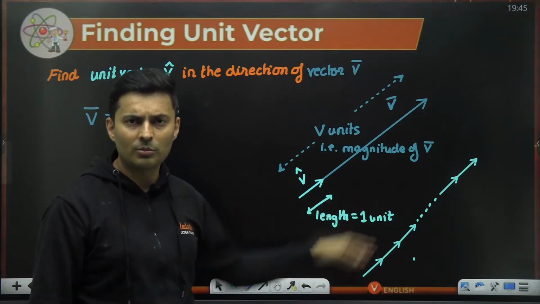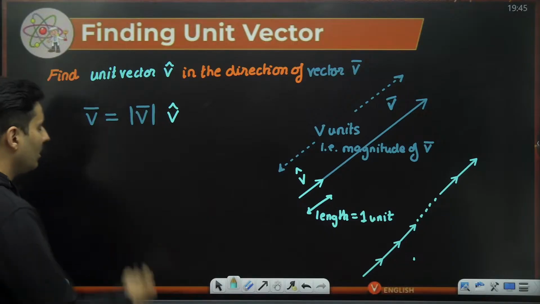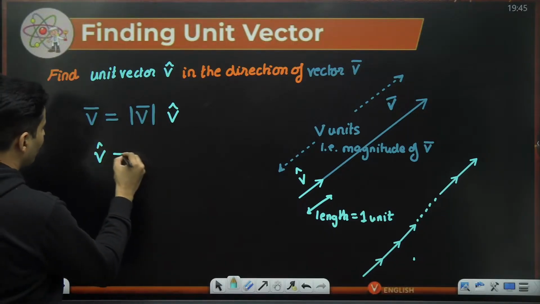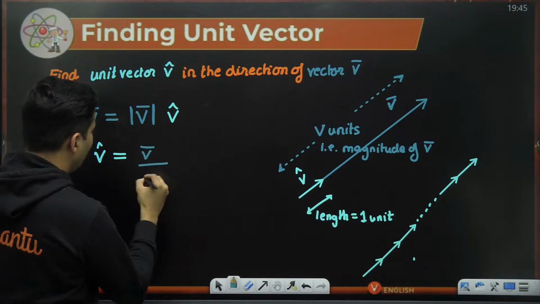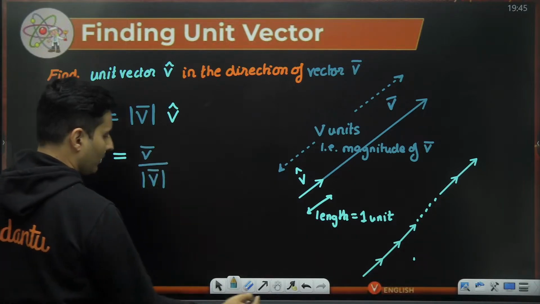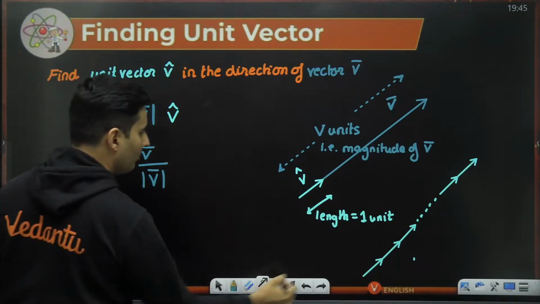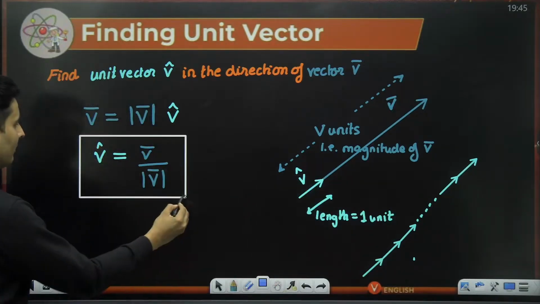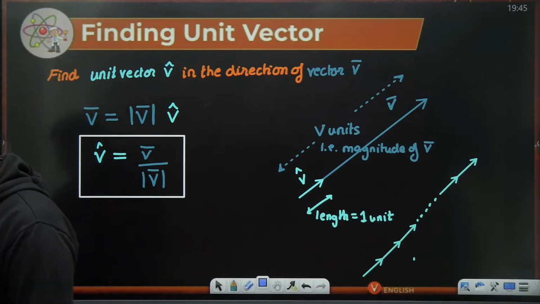It is 8 magnitude, put it 8 times. So 8 times that unit vector will give me the original vector. So v hat is technically the vector itself divided by its magnitude. This is also a very important formula: v hat is vector v divided by the magnitude of the vector itself.